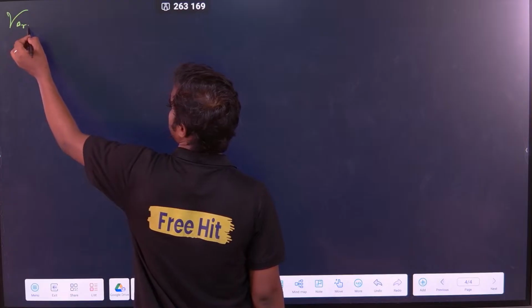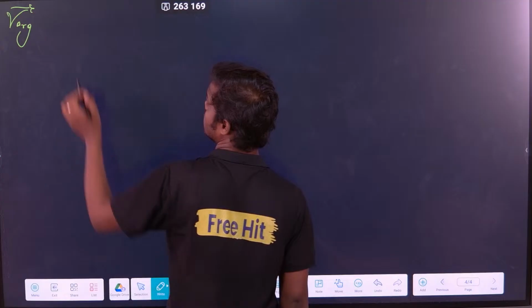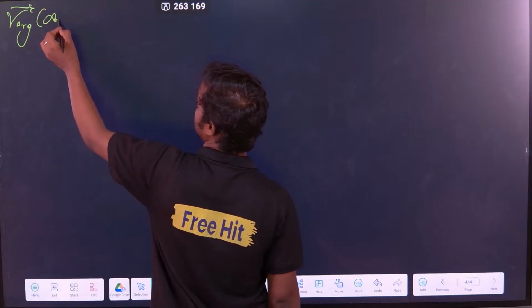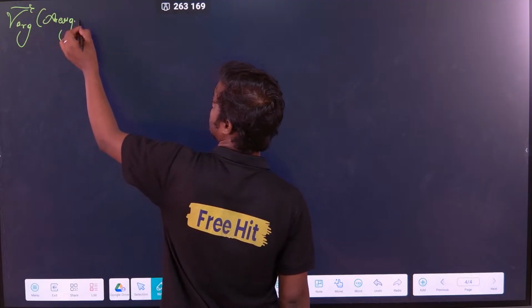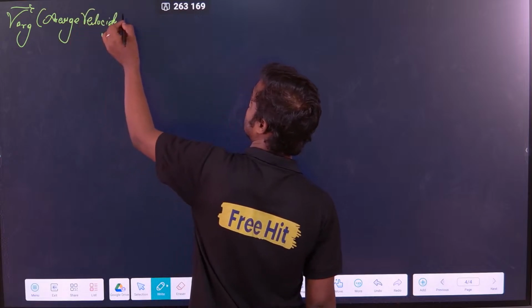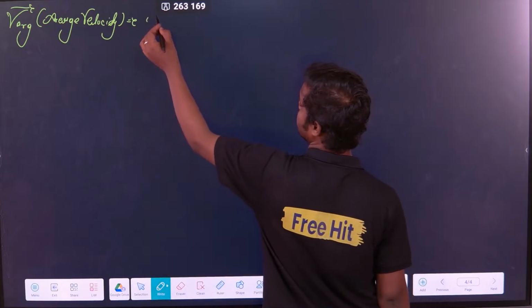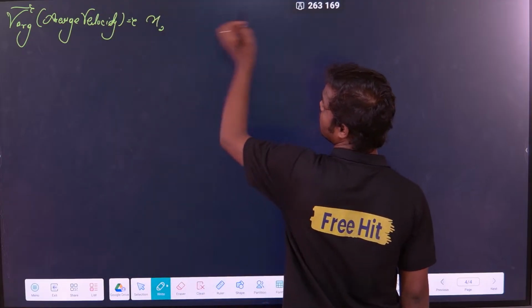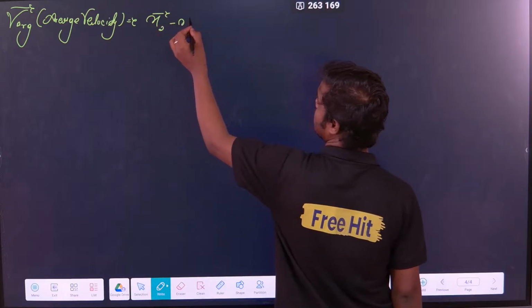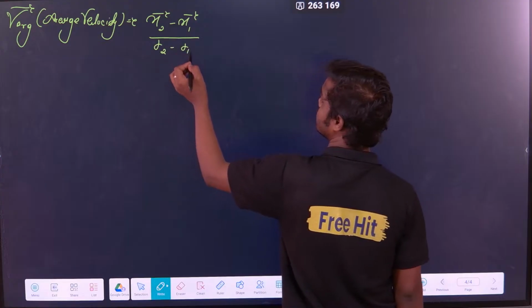Next is average velocity. What is the average velocity? What is V average? Average velocity is defined as x2 vector minus x1 vector divided by t2 minus t1.